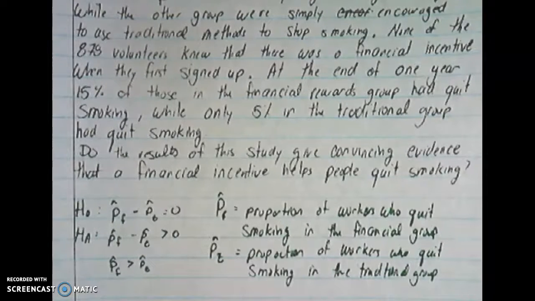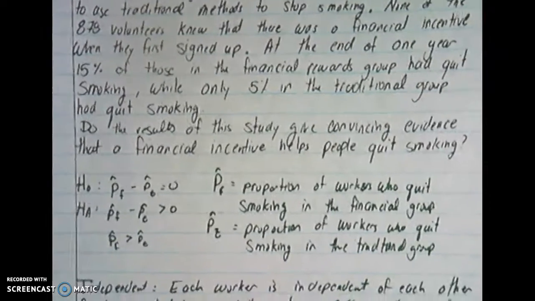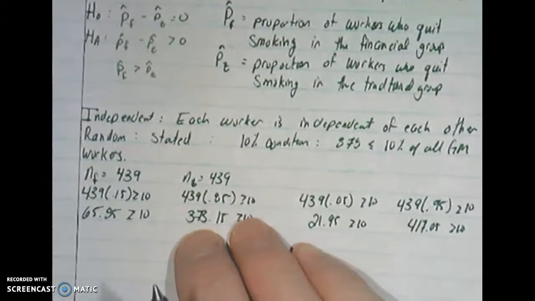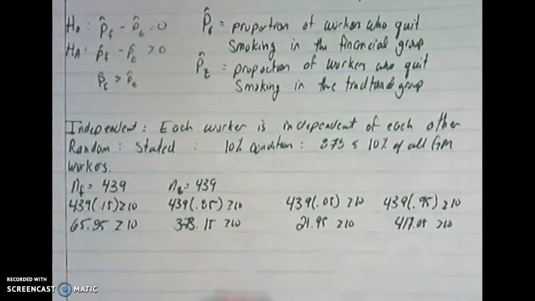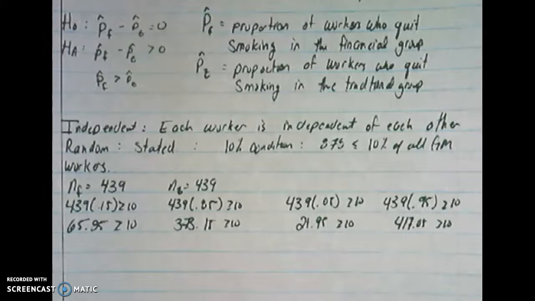Okay, all right. So I did real quick the conditions already, just so that we could have that, because you guys are pretty sick of those. So I did independent, each worker is independent of each other. Random, it was stated. Our 10% condition: 878 is less than or equal to 10% of all GM workers.